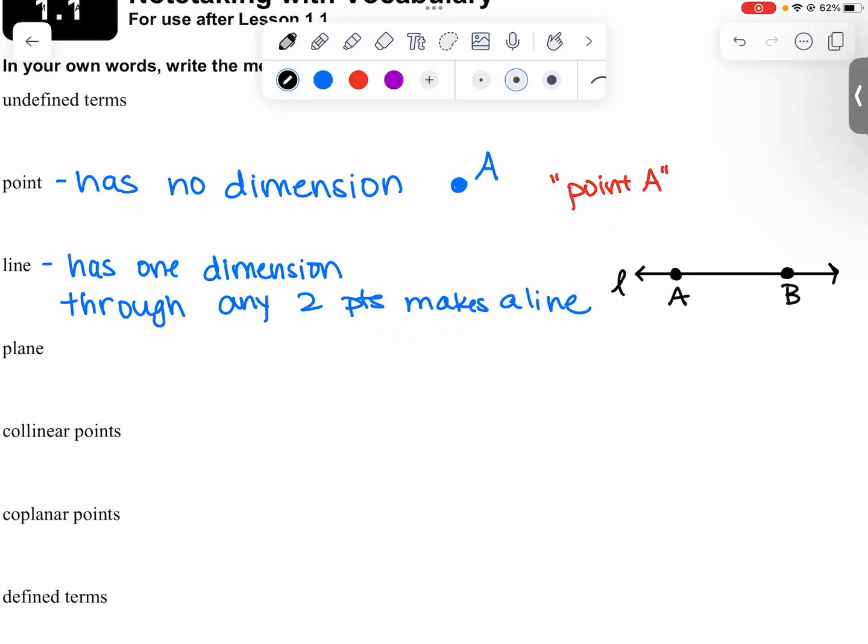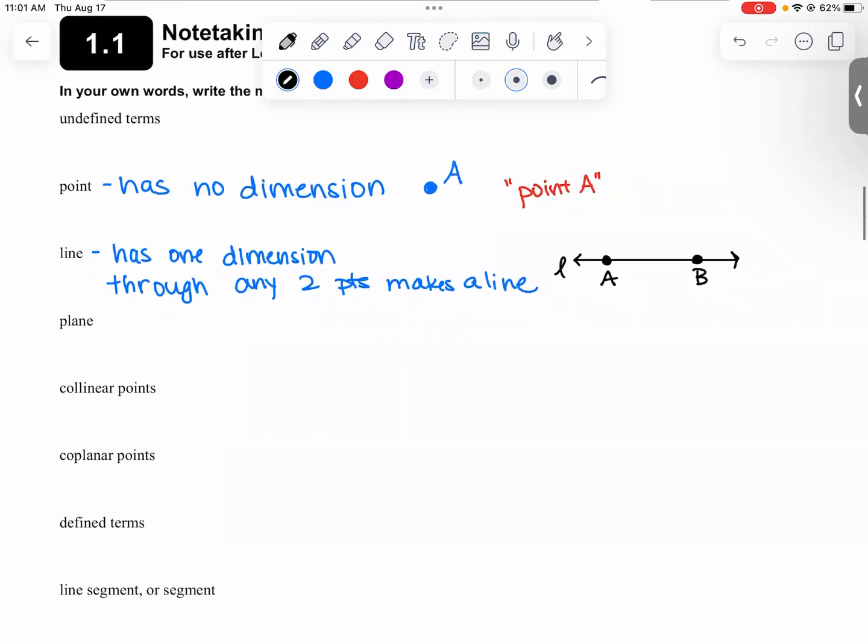All right, so I'm going to have you draw this line. There is a lowercase cursive L, and there's points A and B. When we name a line, we can either name it line L. Whatever that cursive lowercase letter is, maybe it's an M, maybe it's a B, it's going to be named a letter.